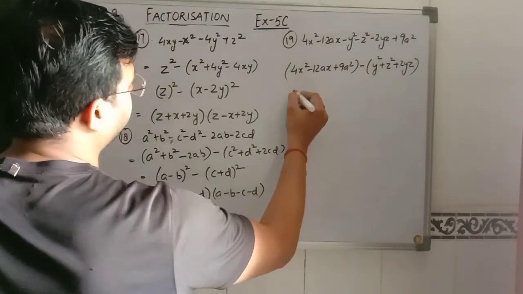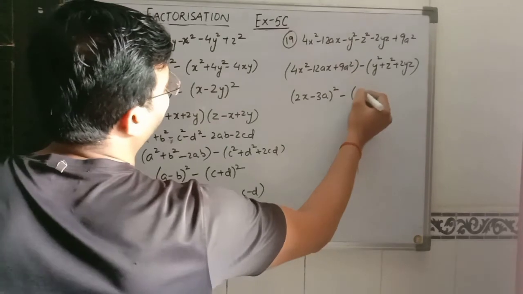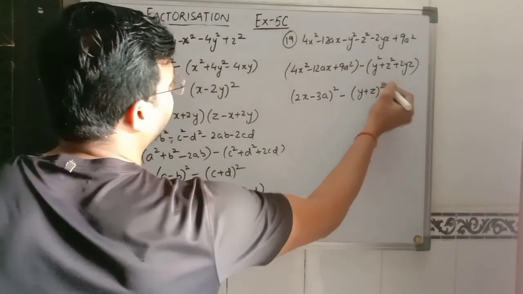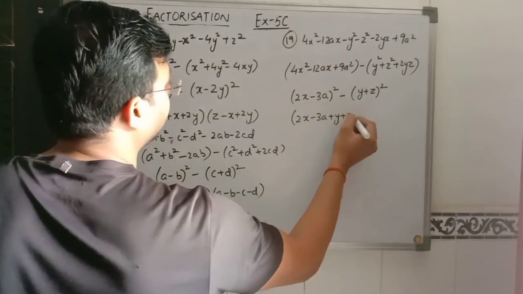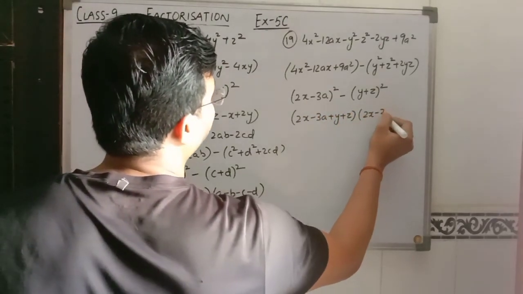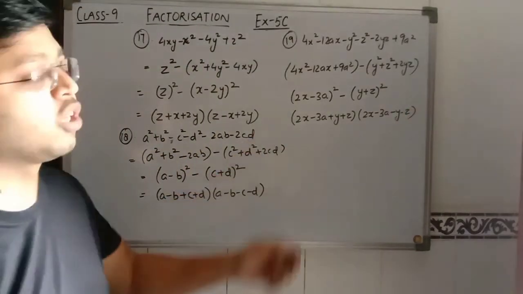So these are forming the identity of 2x minus 3a whole square, and they are forming the identity of y plus z. Now simply a plus b in the first bracket and a minus b in the second bracket. So this is the solution of question number 19.